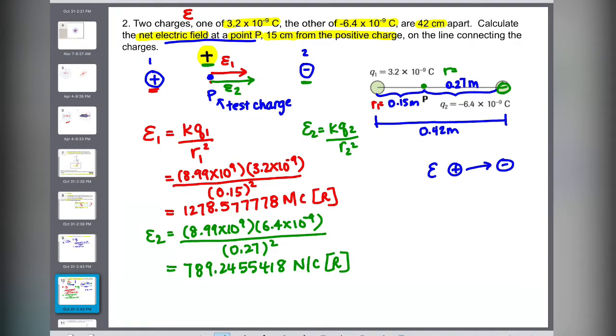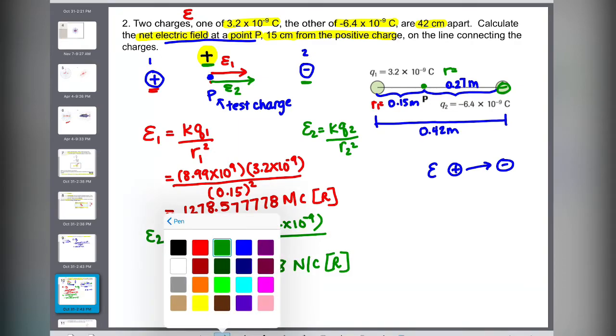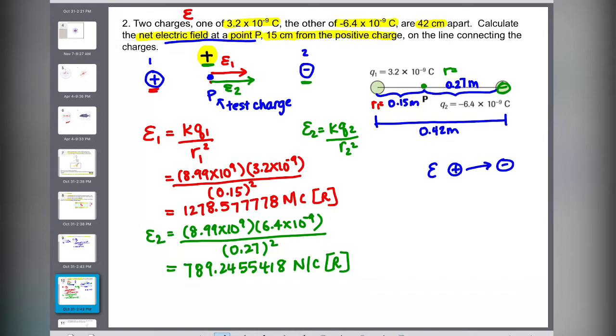Okay, so what is the overall net epsilon? Both are going to the right. To find the net electric field, I just have to add the two together. I'm just not writing all the numbers down, but I'll still punch it all in together.